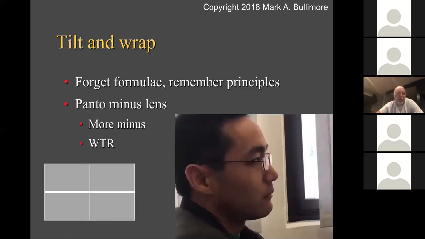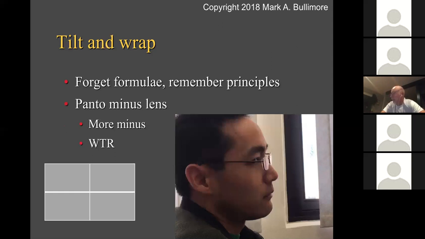All right, here's our favorite optics professor or vision science professor. There are formulae that you learn for tilt and wrap. You can forget them, but you do need to probably remember the principles. So what I remember is that when I've got a minus lens, okay, and I tilt it for panto or retro, like Jason's got in this picture, when I tilt it for panto, the important meridian is the vertical meridian, okay?